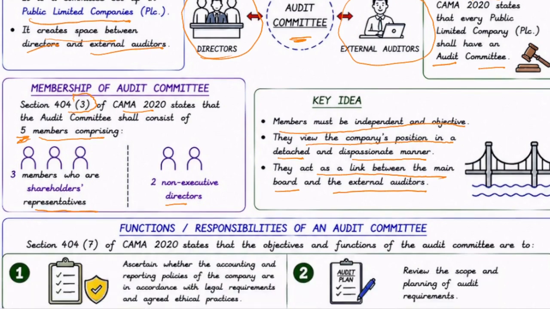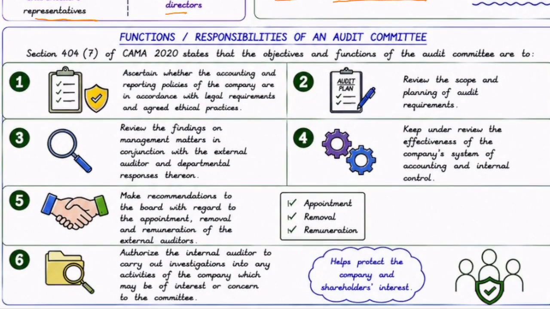Now, what are the functions and responsibilities of an audit committee? Section 404 subsection 7 of CAMA 2020 states that the objectives and functions of the audit committee are to: 1.